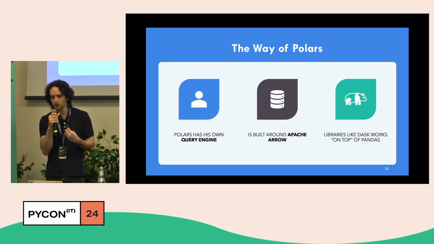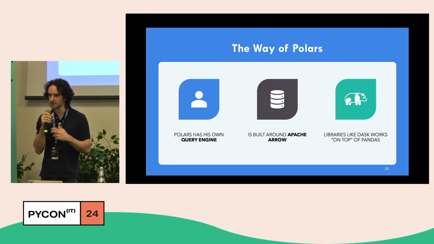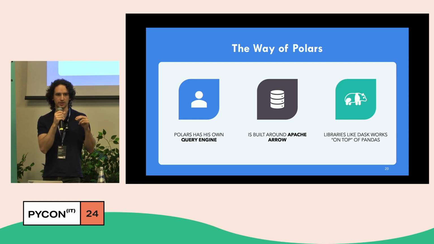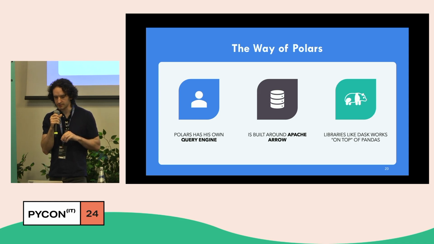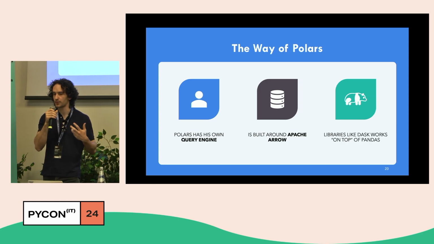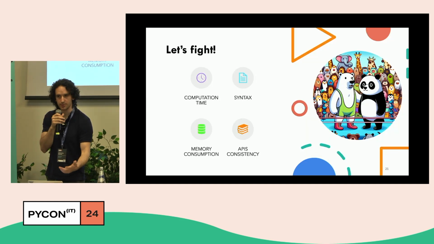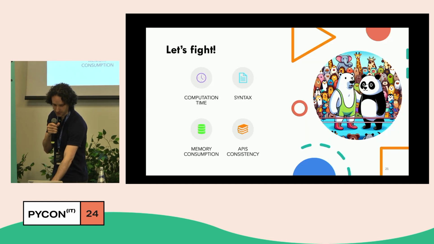And I'm pretty sure that polars developers, and we can also ask them, because I know that there are some polars developers at this conference, were probably rooted in some of these things that we learned about pandas, and they tried to implement them into polars. And of course, there are libraries like Dask that work on top of pandas that can give you some extra features. But once again, it's not the same as using polars, which has parallelism by default.